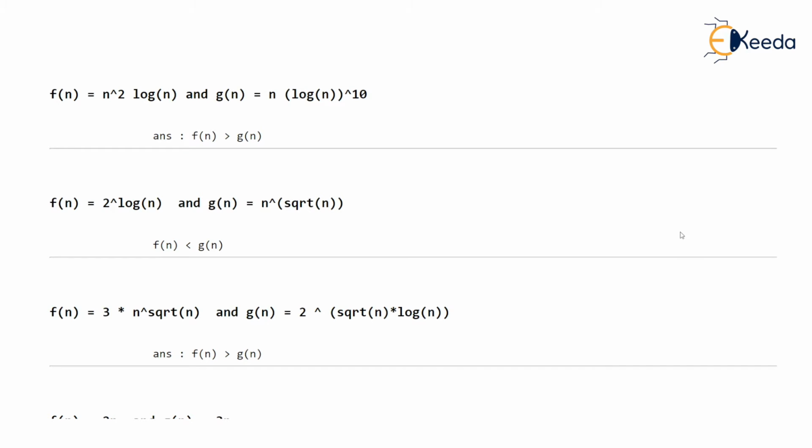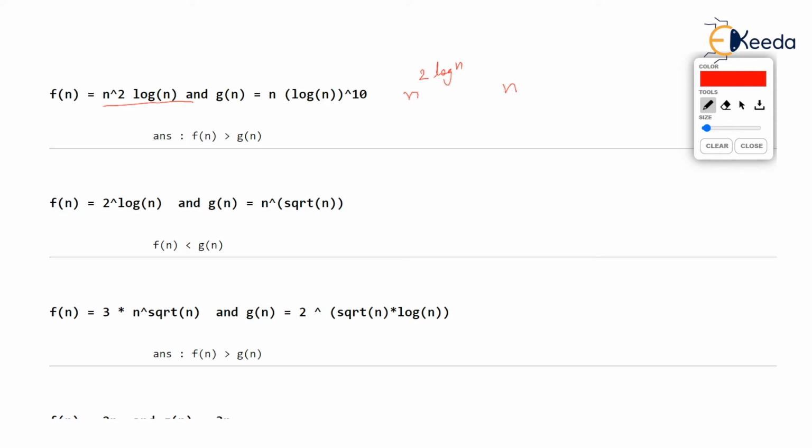Here we go. Now, in the second example, we have got the first function as n raised to 2 log n. And the second function is n into log of n raised to 10, correct or not? Again, it is not becoming obvious which function is smaller or higher, isn't it? So I'll take log on both sides.